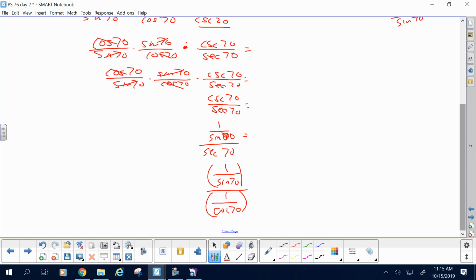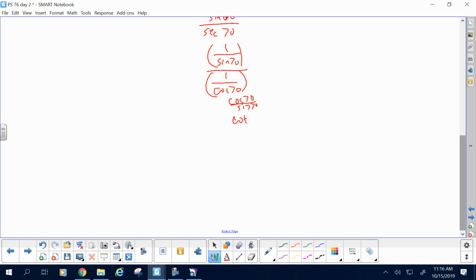And then we're all so close. How do you get to cotangent? Flip it, or multiply top and bottom by cosine, whatever you want to do, but cosine 70 over sine of 70 is cotangent of 70. From here to here, that's one step.